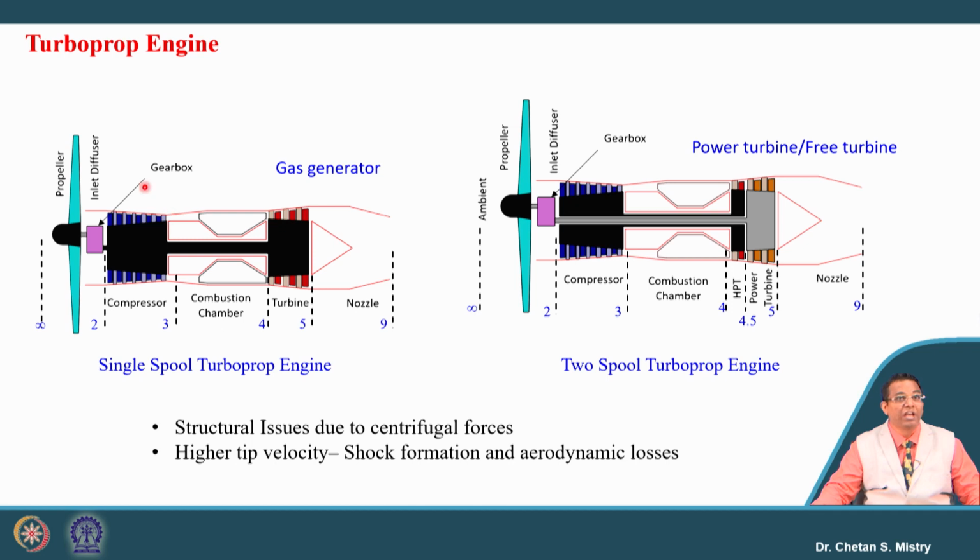What is the difference? Here this rotor is not within a casing, it is freely rotating in open air. That is the reason why it is called a propeller. When it is enclosed inside the casing, it is called a fan. So do not get confused with these two configurations. I will show you different types of propeller, you will realize the thing.